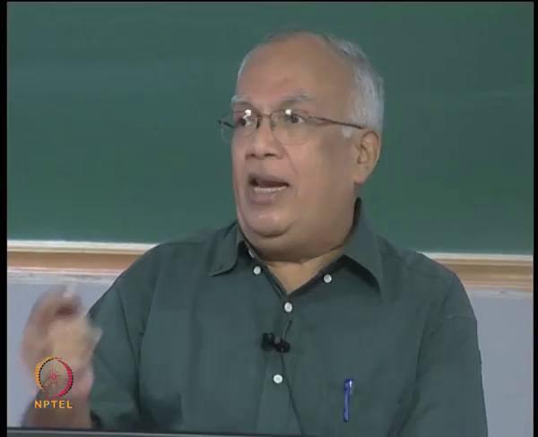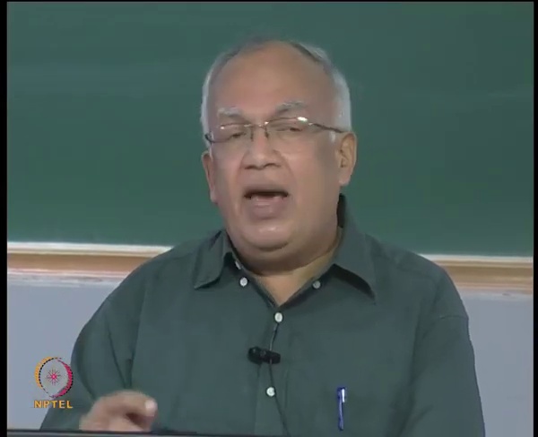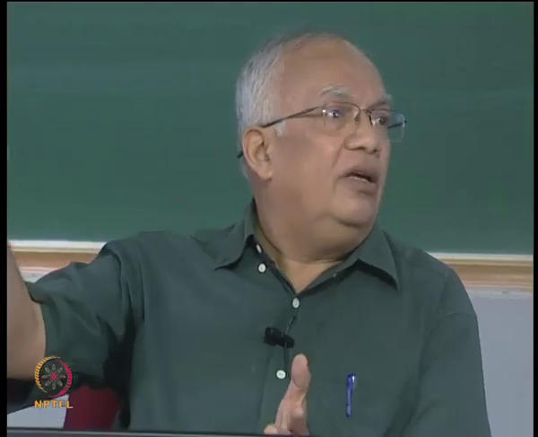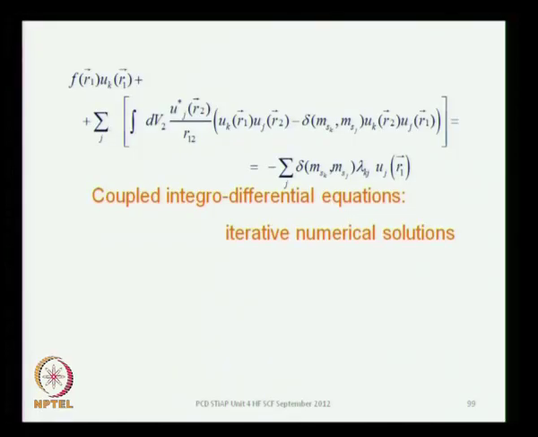What is it? Actually, there will be n such equations, because we have written this only for the kth orbital, but k is any index from 1 through n. So, there will be an equivalent expression for all the remaining n minus 1 terms also. Now, this is a set of n coupled integral differential equations.